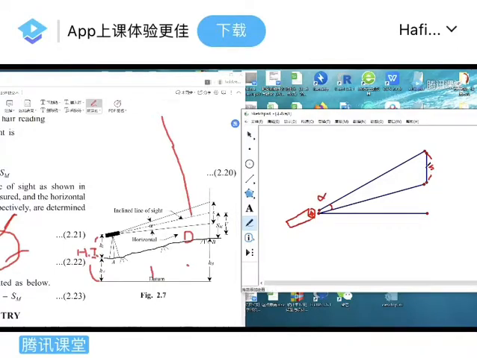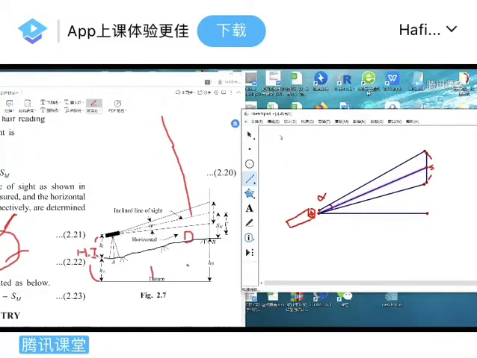So there is a point over here, and this point is a half. Now you turn the theodolite again and look at this point.